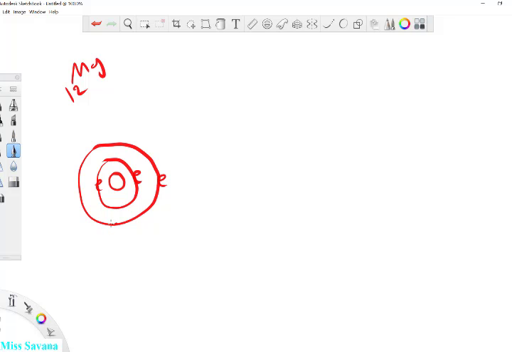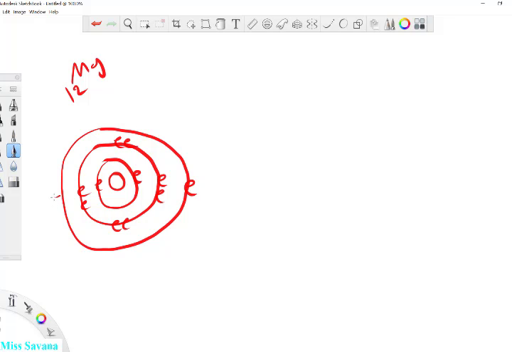One, 2, 3, 4, 5, 6, 7, and 8, and this is the maximum. So now you have 10. Go over to the next one. It's got 1, 2. Okay, so this is actually the magnesium atom. It has 12 protons and 12 electrons.